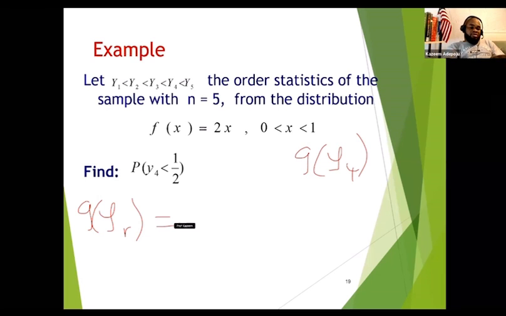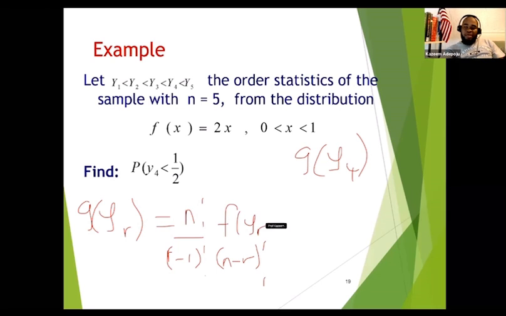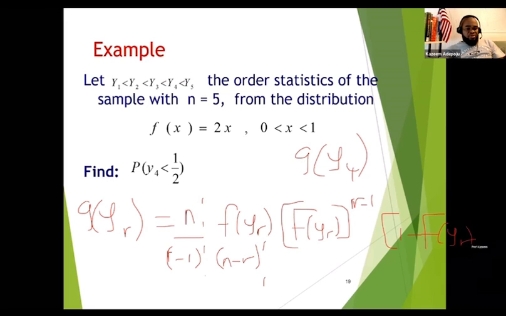In terms of the formula, that is n factorial divided by (r minus 1) factorial times (n minus r) factorial, times f of yr, times the CDF of yr raised to the power r minus 1, times 1 minus the CDF of yr raised to the power n minus r. Take a look at that.